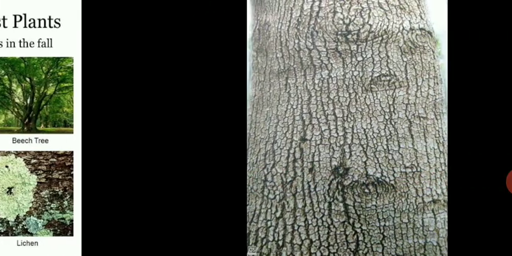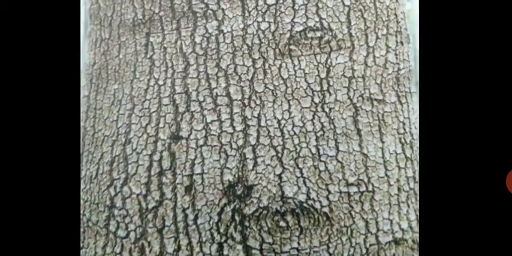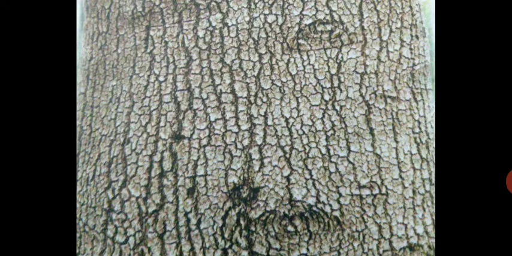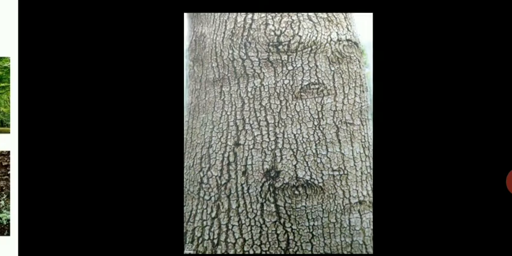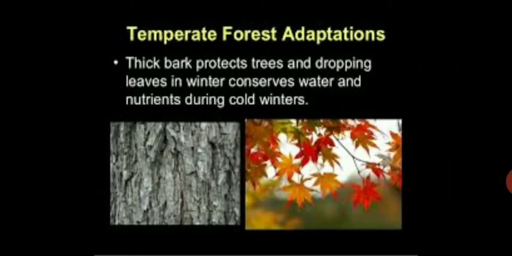Clear? As you can see in the picture, trees have a trunk with a thick bark. This thick bark protects trees, and dropping leaves in winter conserves water and nutrients during cold winters.